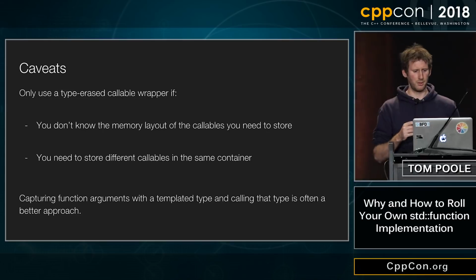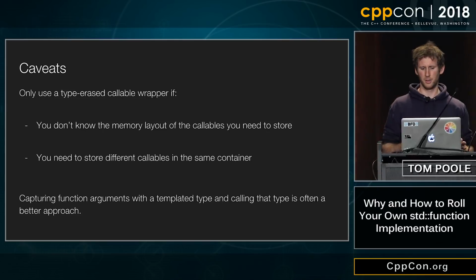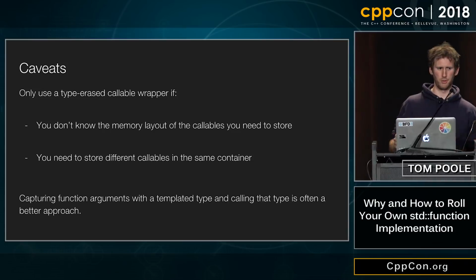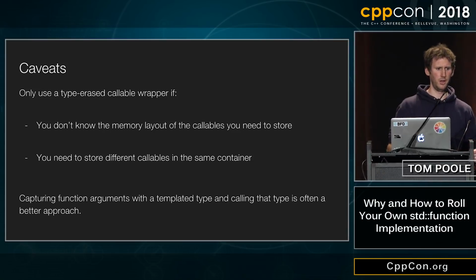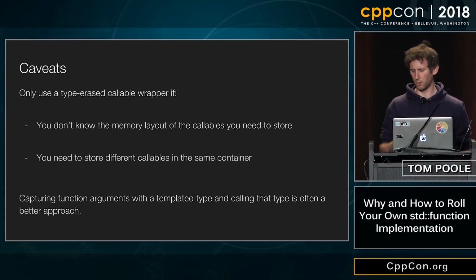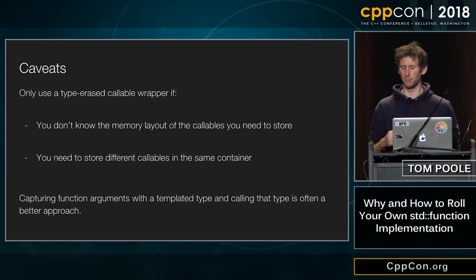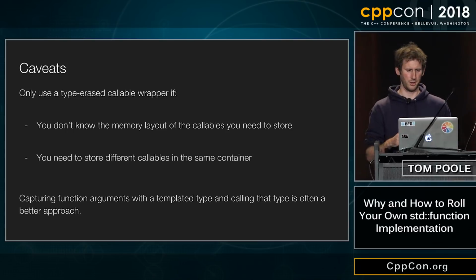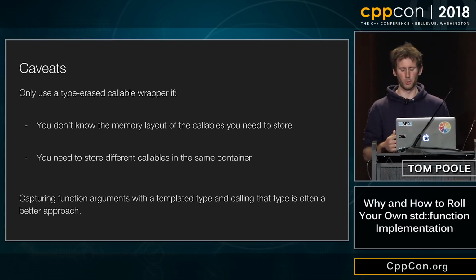Of course, this does mean that the contract of this function has been blown wide open because there's no constraint on arguments or return types or anything like that. But often the overhead of having really horrible error messages when you try to compile is more tolerable than having a slower program.